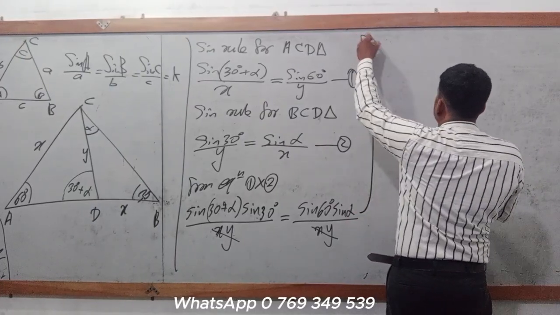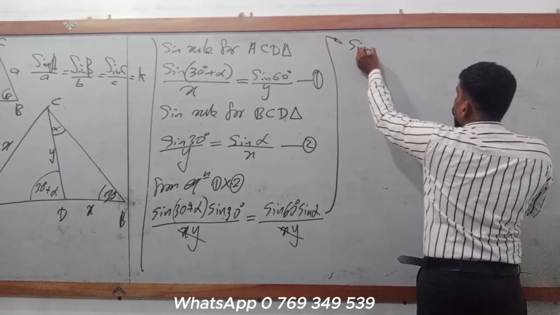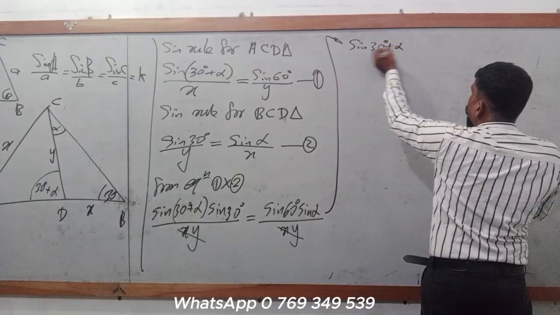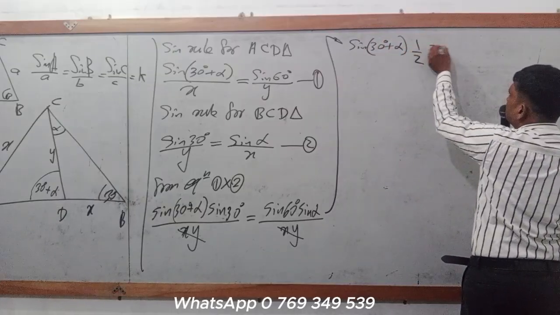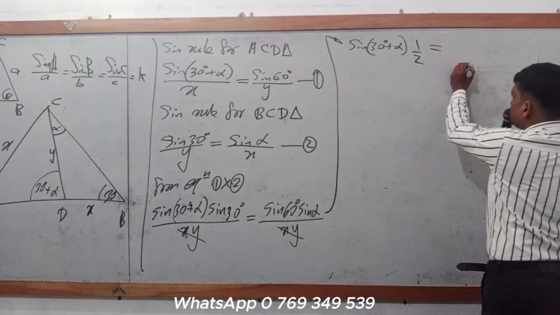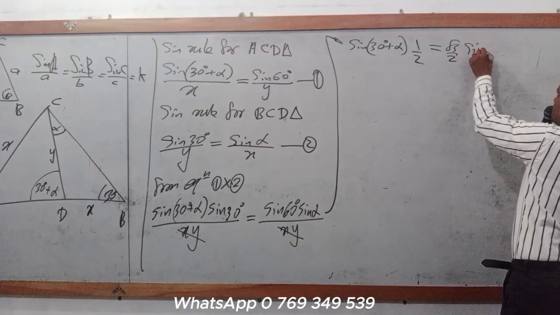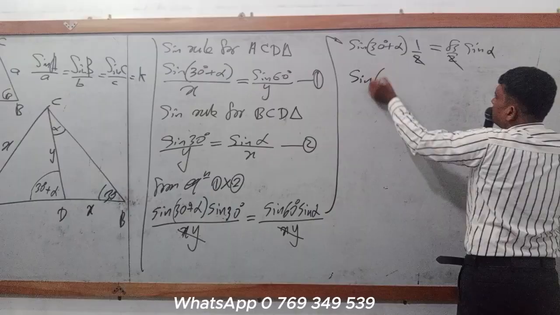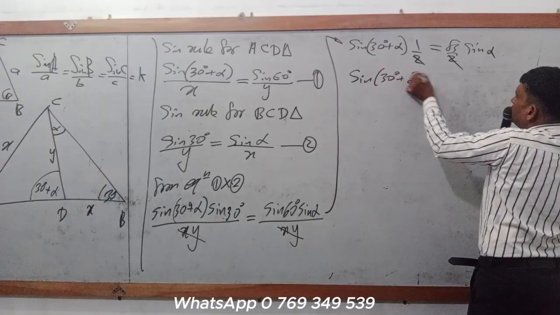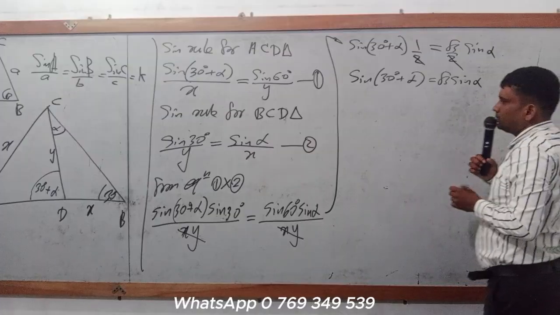Now what is the sine 30? Sine 30 plus alpha times half. Sine 30 is half. Sine 60 is root 3 over 2 sine alpha. Then you can cut like this. Therefore, answer is sine 30 plus alpha equals root 3 sine alpha.